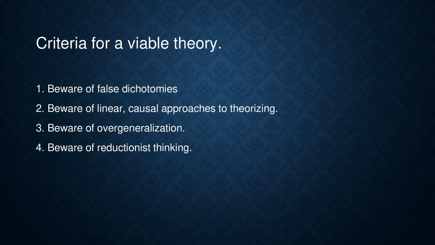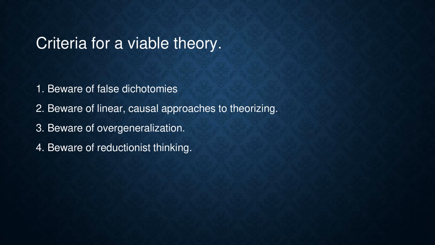How do we know we have the appropriate components of a theory? Here we have a synthesis of the comments of Larsen-Freeman that can help us to design a theory of second language acquisition. First, we have to be aware of false dichotomies. We have to look for complementarity, inclusiveness, and interface.